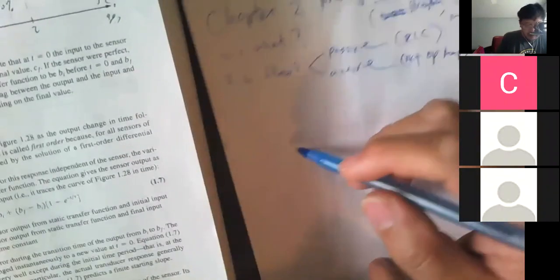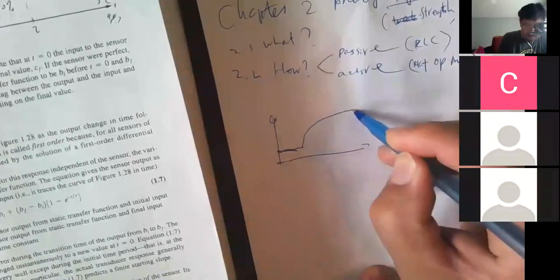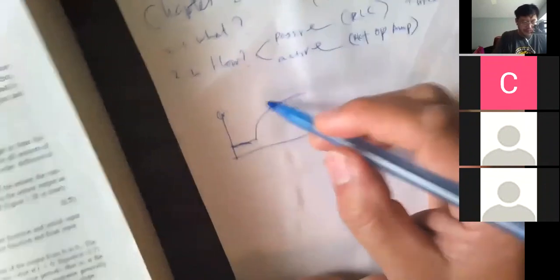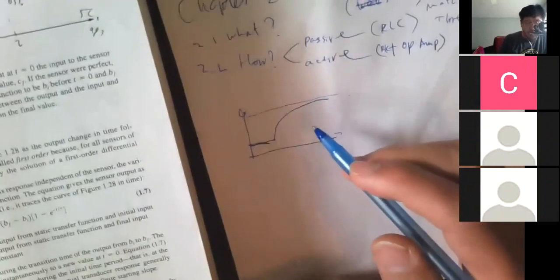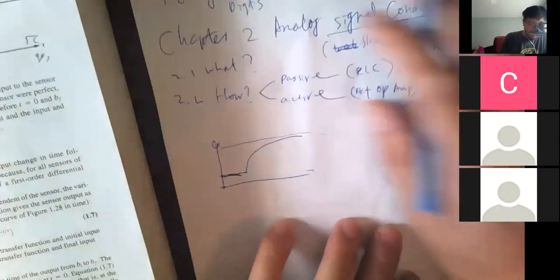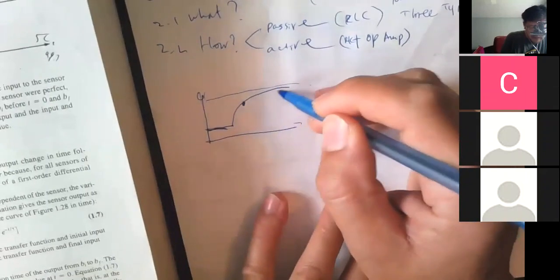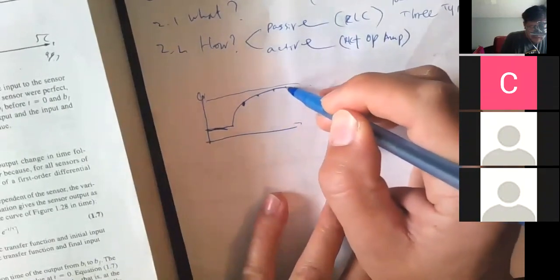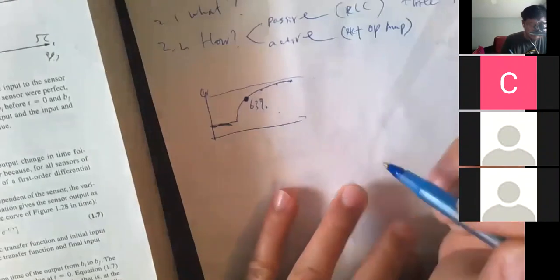So why is that important? Because we have studied this exponential in great detail. This is how the exponential goes. When the sensor is put in the oven, it goes like this. For the first order response, exponential, mathematically, we're interested in the 63% finish.